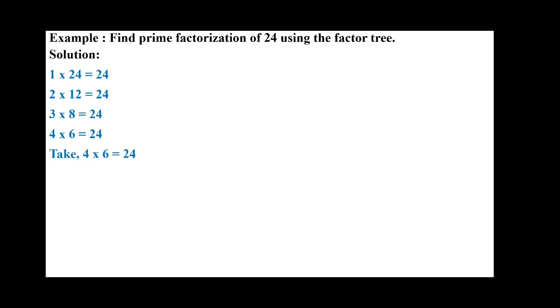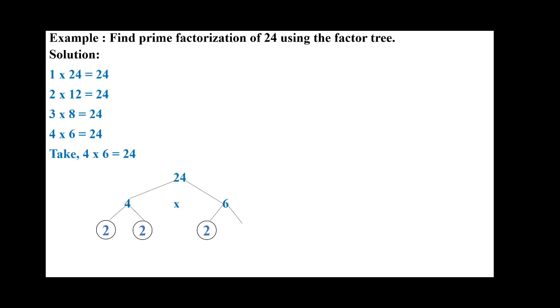Here the factors 4 and 6 both are composite factors. So we have to convert the composite factors into prime factors. 4 we can write 2 into 2 because 2 2s are 4.